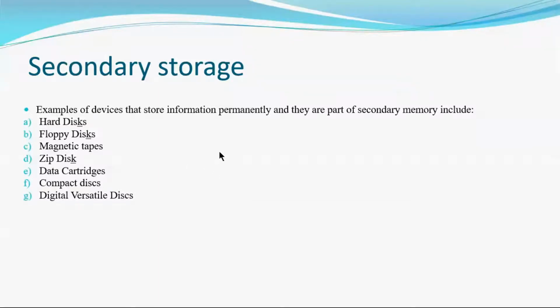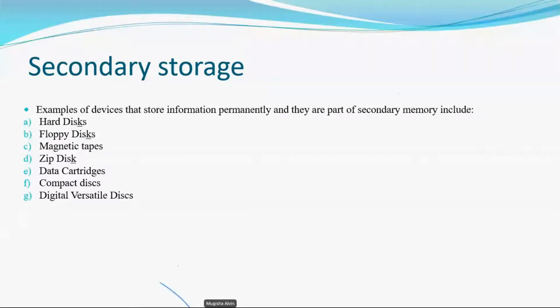Okay. Now, just as an introduction, the secondary storage devices are the external ones, the ones we use externally. For example, your flash disks, your memory cards, your external hard disks. All those are examples of secondary storage devices.